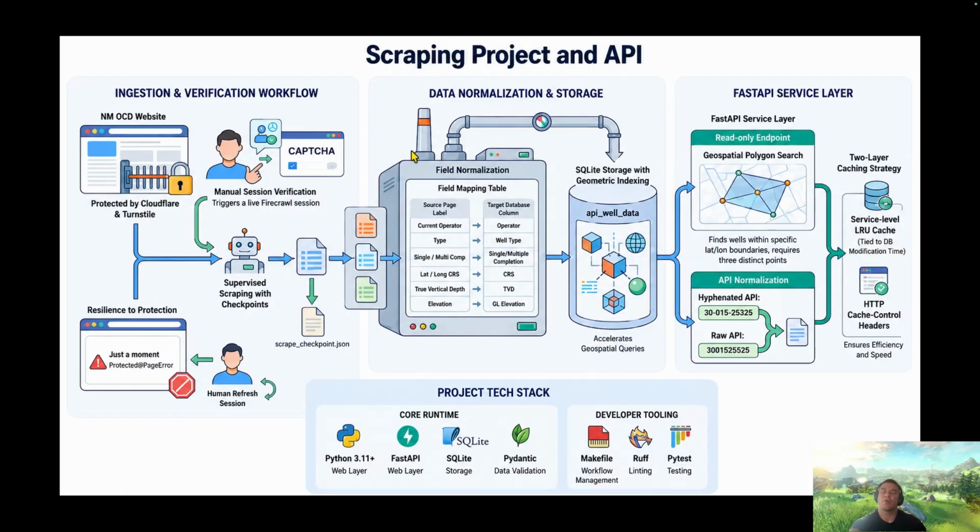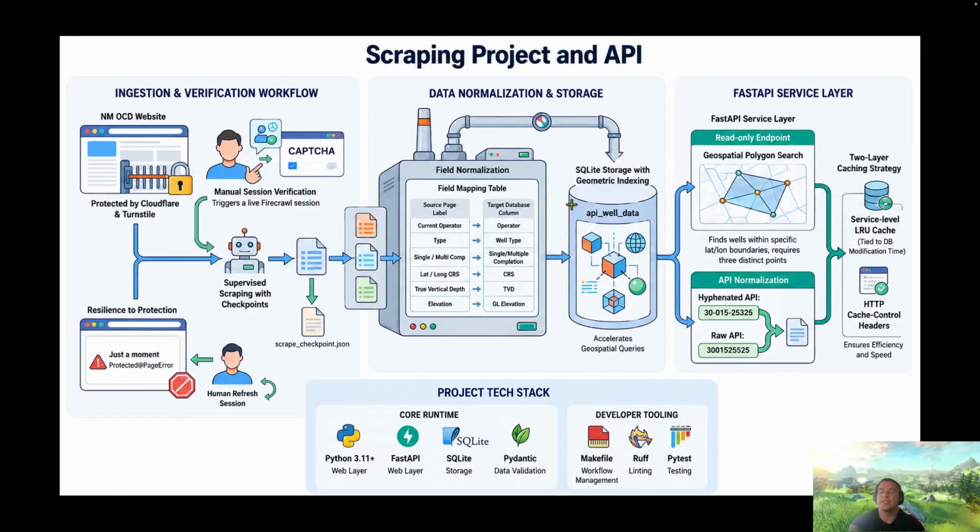And after that, we will go to the data normalization and storage phase, where we clean the data and structure the data from these websites according to how we want it in the database or how we want to display it in the API. So we're using SQLite, and here we are also adding indexing.